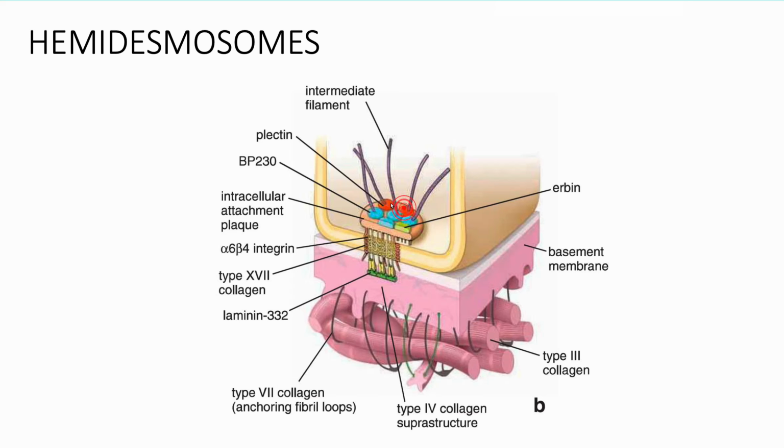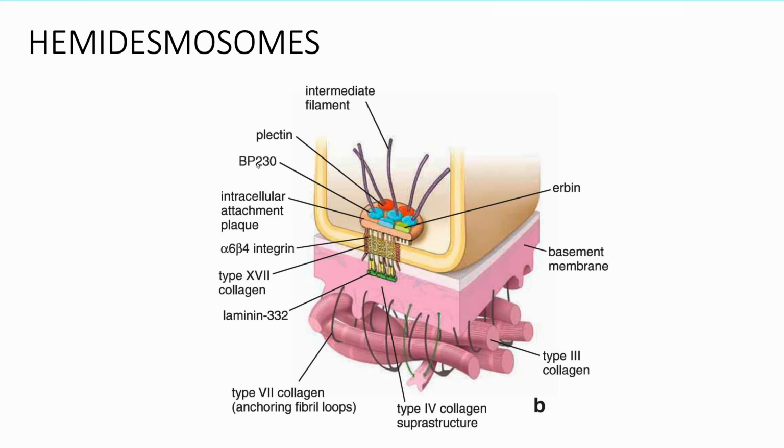This is the intracellular side, and this intracellular attachment plaque contains multiple types of link protein components. One of them will be plectin. You can see the labeling over here. This is the plectin, and it integrates all elements of the cytoskeleton.